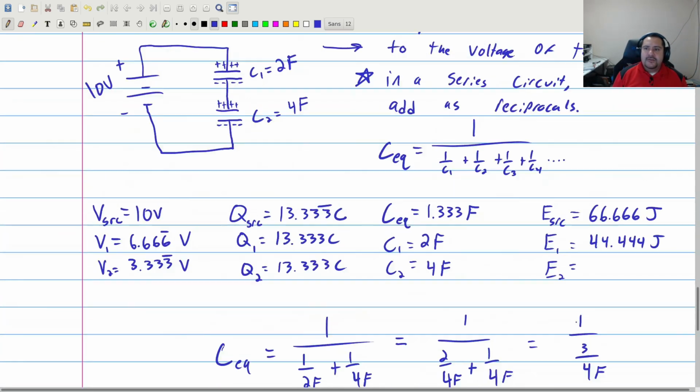So this one is going to be equal to 22.222 joules.